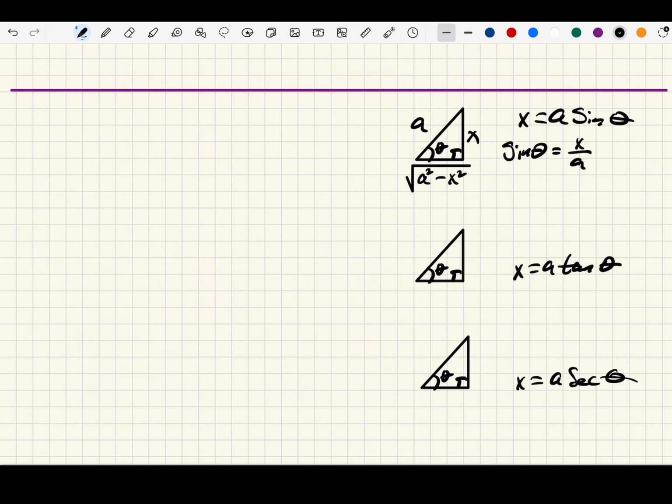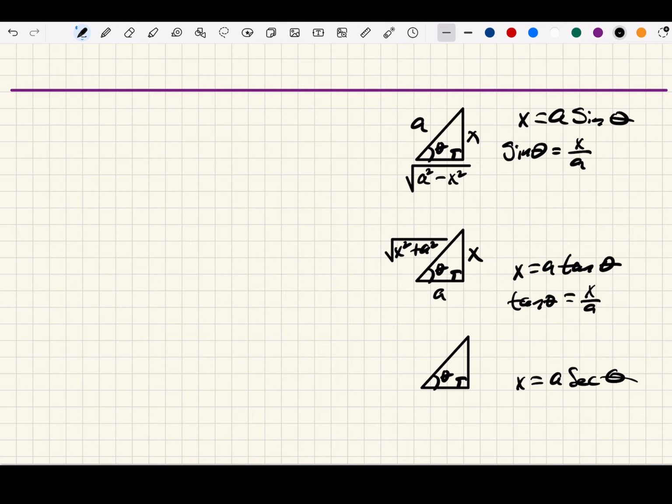If x is a tangent theta, then tangent theta would be x over a. That means the vertical would be x, the horizontal would be a, and the hypotenuse would be the square root of x squared plus a squared. Hey, remember that 1 over the square root of x squared plus 1?